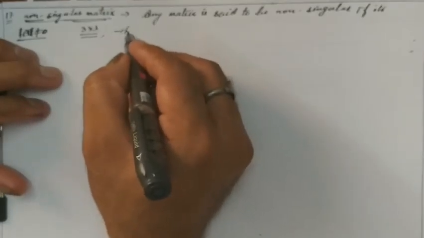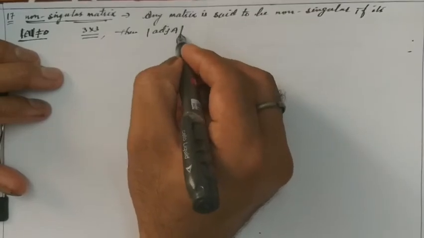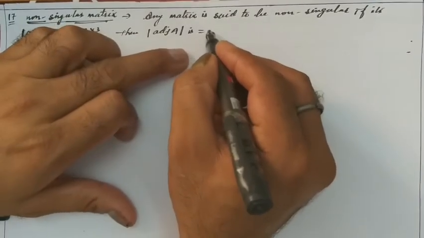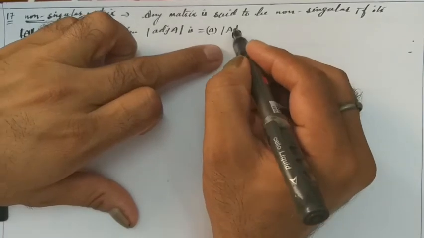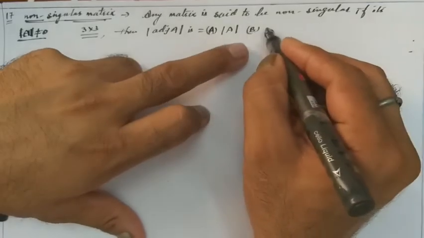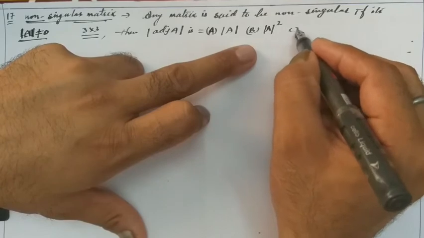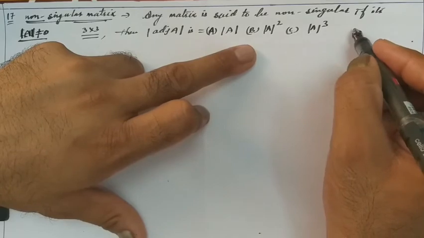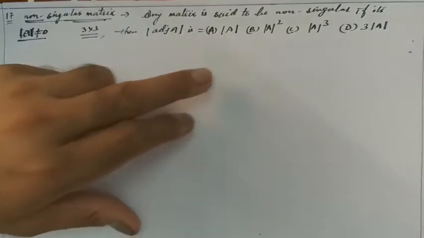Then determinant of adjoint of matrix A is equal to: option A, simply the value of determinant of matrix A; option B, square of its determinant's value; C, cube of this; and D, 3 times its determinant.